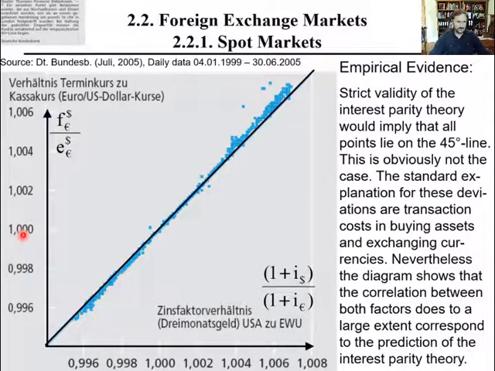For example, if we start on the y-axis at a value of 1, the 45-degree line reflects the same value on the x-axis. Or if we start on the y-axis at a value of, let's say, 0.996, the 45-degree line reflects the same value on the x-axis.